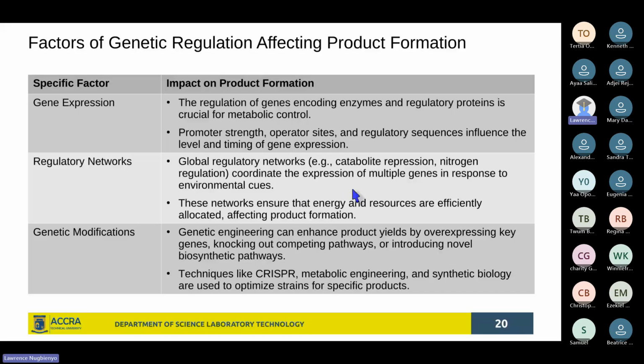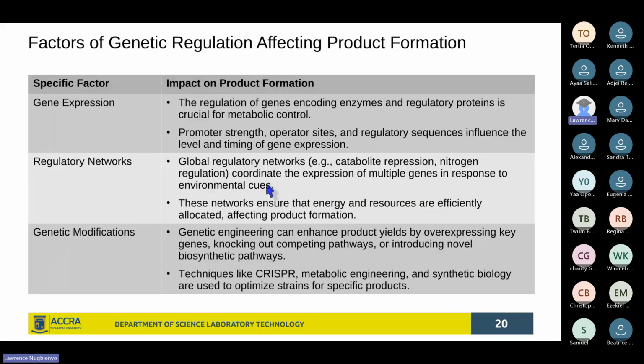Then you have genetic engineering, modifying of cells, maybe even recombinant DNAs that are used for regulation of these processes. This is just to say that, for instance, if you want to have a better yield of some products, you take a particular gene, do some recombination of a plasmid, and introduce it into maybe yeast.